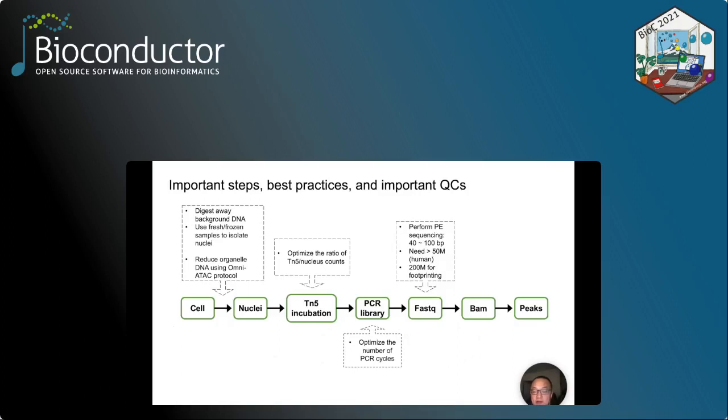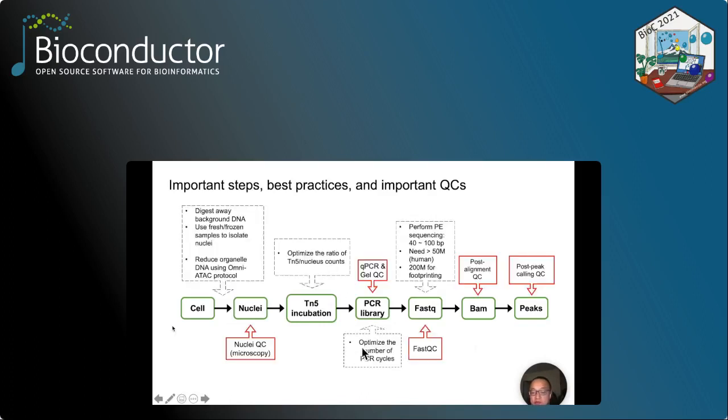In terms of read depth, if you are using a human sample, we recommend at least 50 million reads. And if you are interested in detecting footprinting, we recommend using at least 200 million reads. Although the wet lab protocol is relatively straightforward and simple, to ensure the best results, there are multiple quality control steps, and I summarize those in the red boxes.